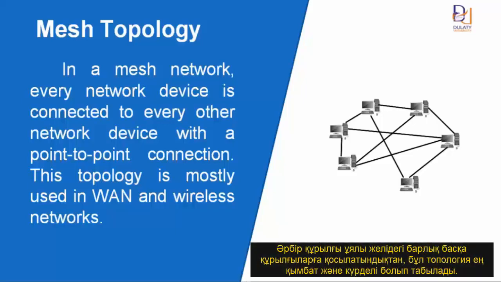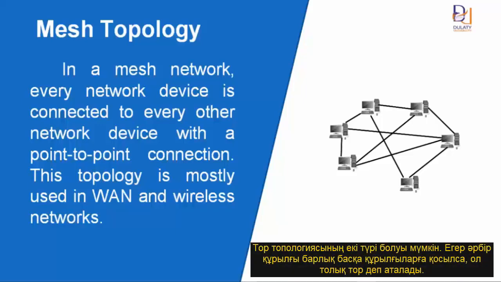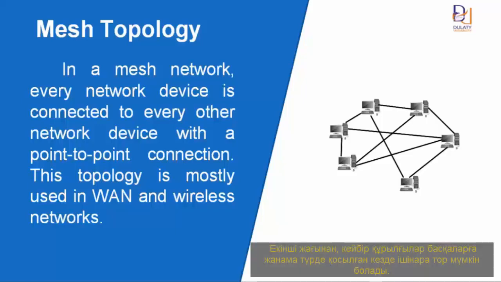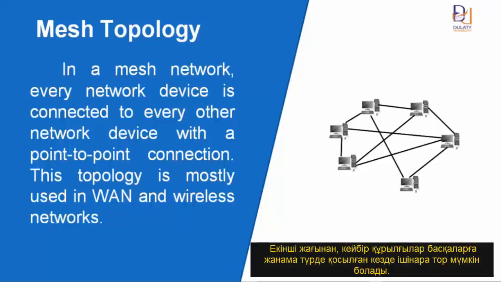As each device is connected to all other devices in a mesh network, this topology is the most expensive and difficult to maintain. Two types of mesh topology are possible. If every device is connected to all other devices, it is called full mesh. On the other hand, partial mesh is also possible, where some devices are connected only indirectly to others.